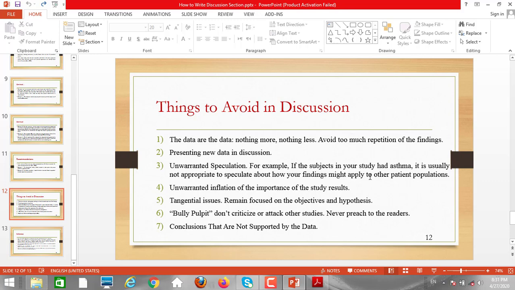The sixth point is bully pulpit. This means as the researcher or the writer, try not to criticize or attack other studies.